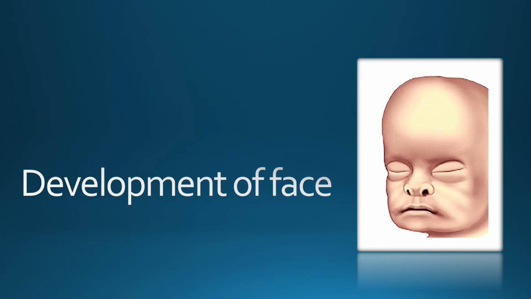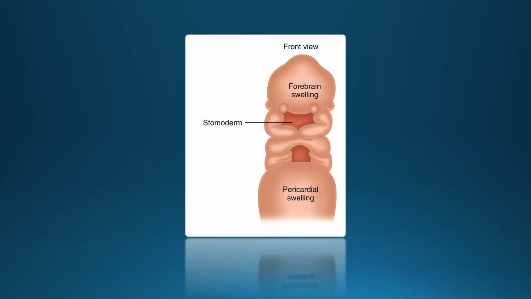In today's video we are going to see about the development of the face. Before going to see the development of the face, we should know what the stomatodeum is. The stomatodeum is the one which is going to form the future oral cavity.